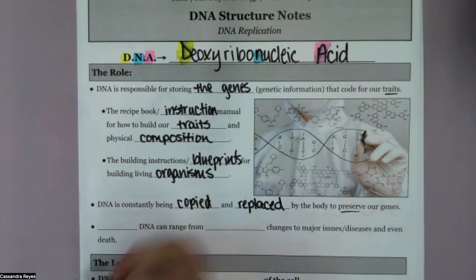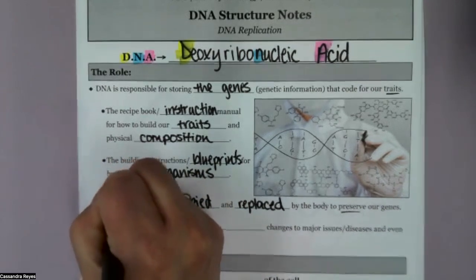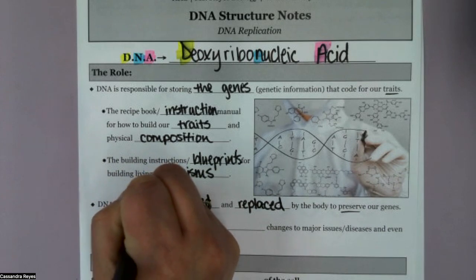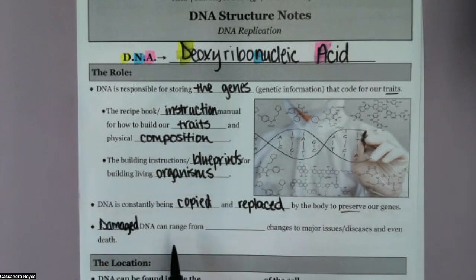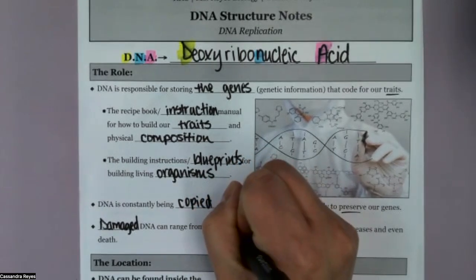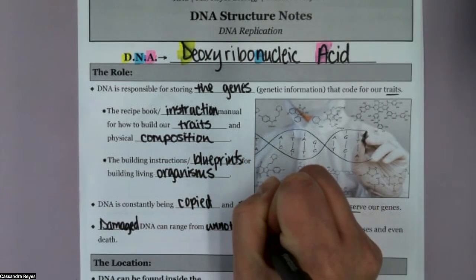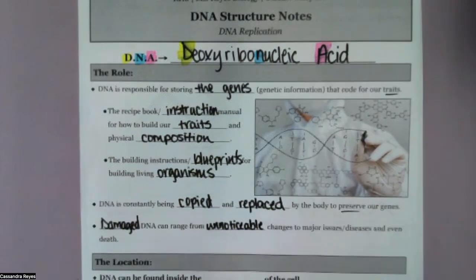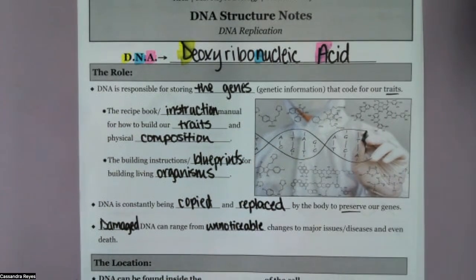All right. Lastly, damaged DNA can range from unnoticeable changes to major issues / diseases and even death.